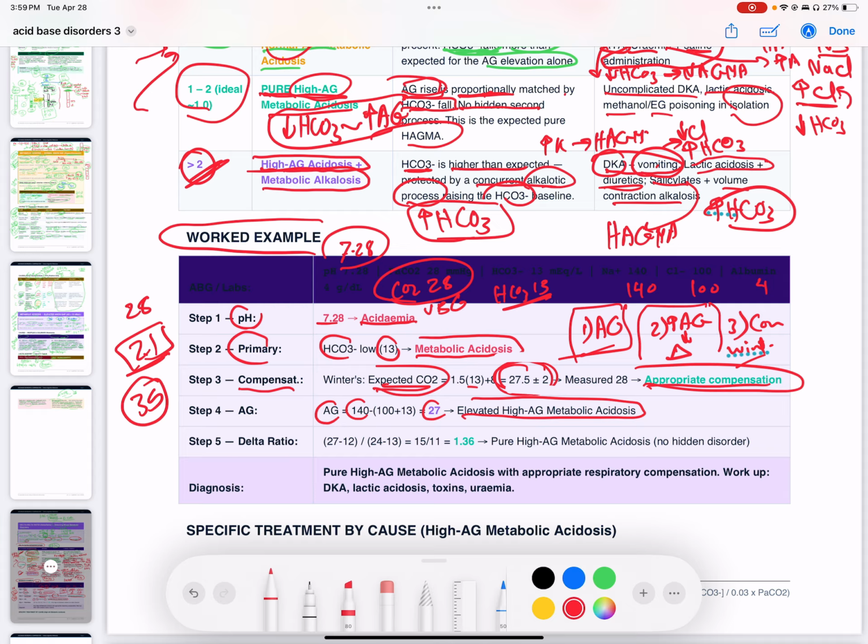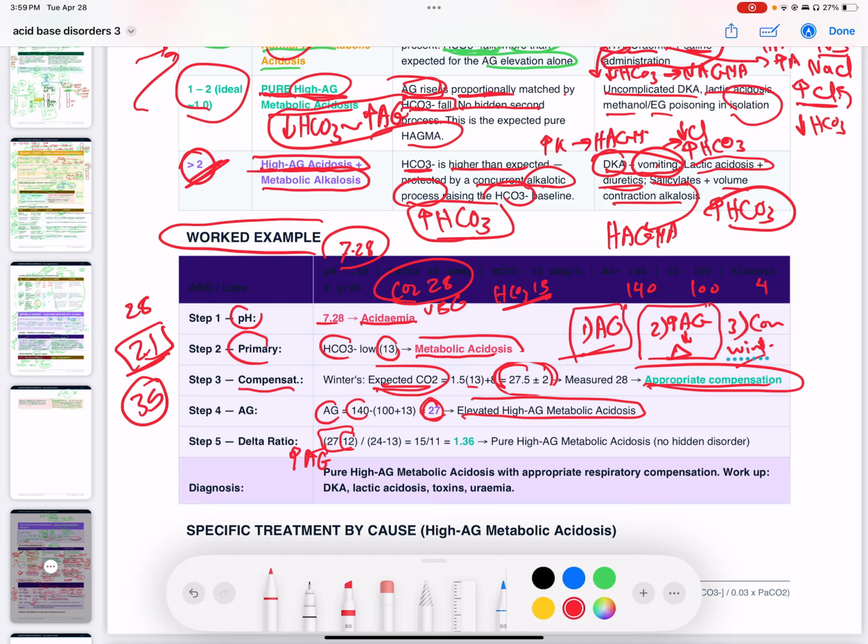Second step, we said any high anion gap metabolic acidosis, we calculate the delta ratio. So let's calculate the delta ratio. The delta ratio is the anion gap that we just calculated minus the normal, which is 12, right? So this says how much anion gap increases more than the normal.